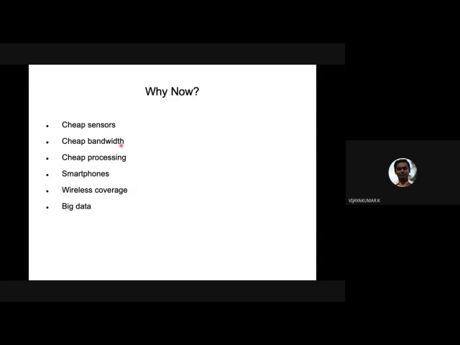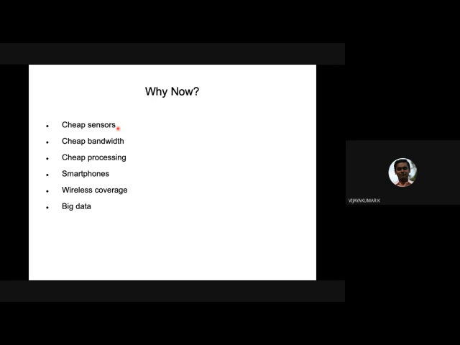Why is the smart grid coming into place? Nowadays, due to the manufacturing of sensors, we are getting cheap sensors, so the sensor cost is coming down day by day. Placing these sensors in the system is very easy, right?